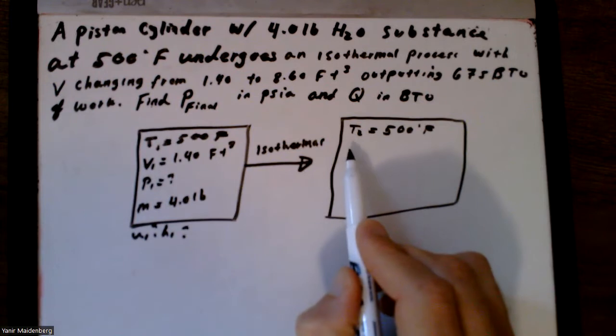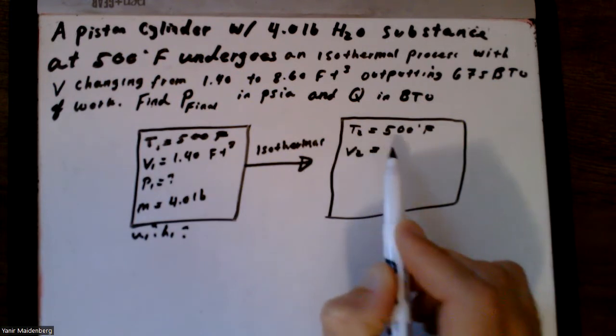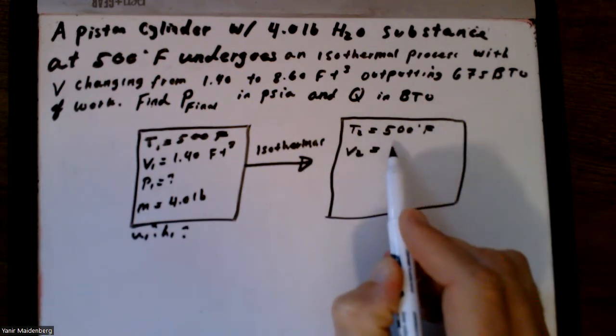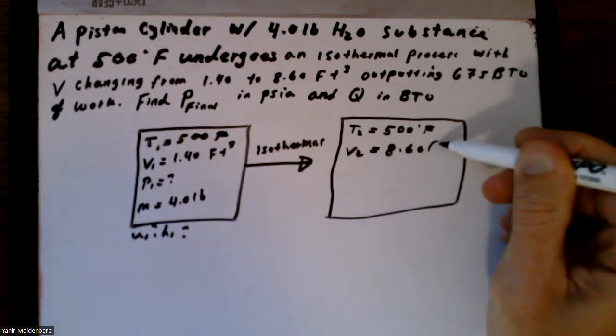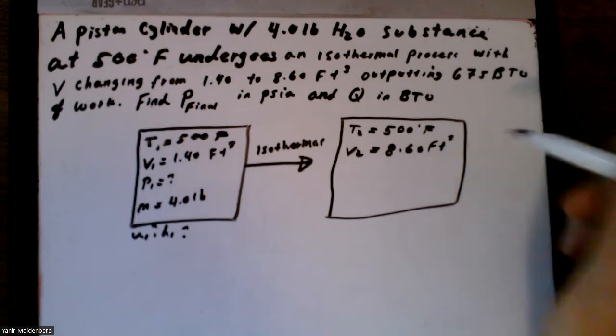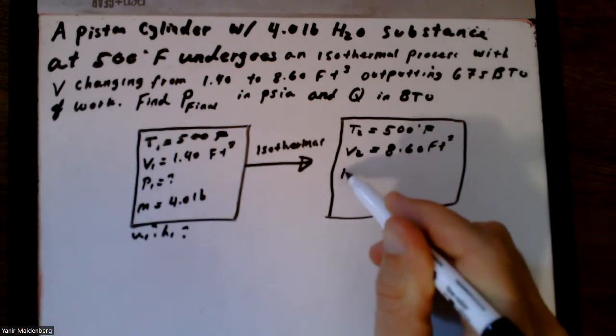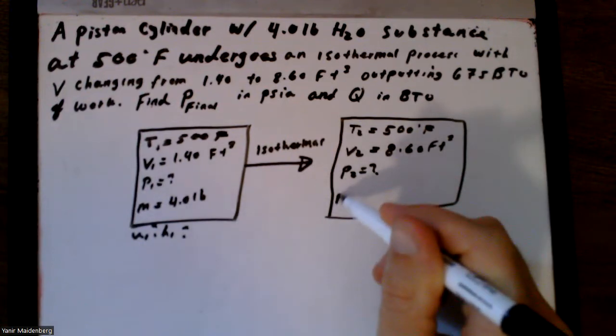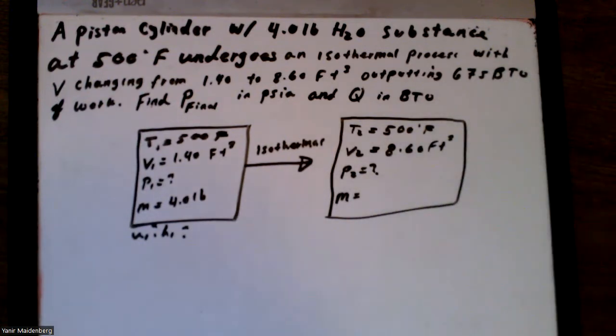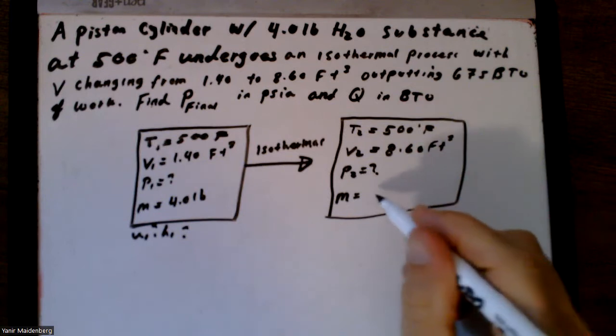We also know V2, they were nice to give it to us. It expanded, so now it's at 8.60 feet cubed. We are asked for P2, we don't know it. And the mass shouldn't change, nothing happened. It's a closed system, so mass should be exactly the same.